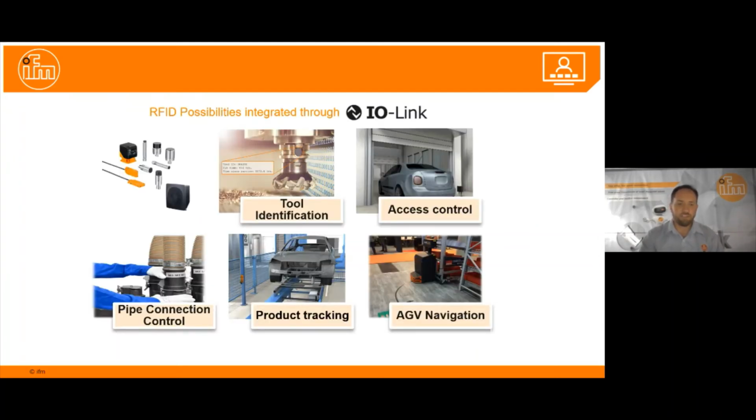So what applications do we have in mind? Well, we've got the tool identification, which we discussed earlier, access control once again, pipe connection control. This is a really interesting one, that especially in the food industry, you have manifolds or swing bends that actually connect production vessels with storage vessels, for example. And there's one pump that goes up and down the floor, and you can connect flexible hoses to that pump to pump from the production vessel to the storage vessel.